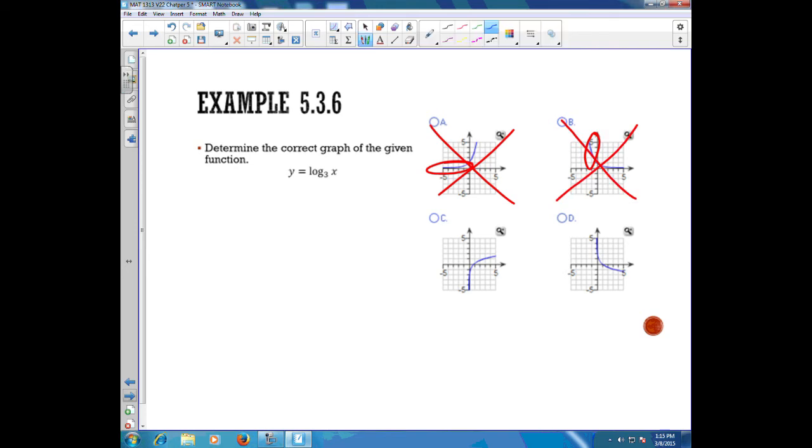And remember, we said that when x is between 0 and 1, the logarithm should be negative. Well, on this one, between 0 and 1, the logarithm is positive, so we can get rid of that one. C would be the correct answer.